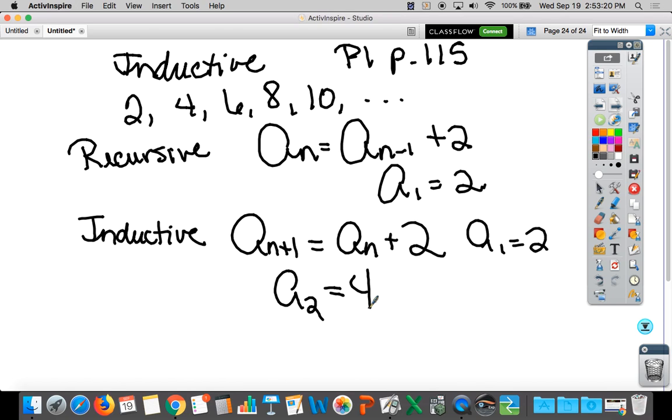So all they're doing is they're just flip-flopping it. Instead of writing it like this, where we take the previous term, they write it where it's like, okay, the next term is the one before plus 2. So here's the short of it. I take this 1, I move it to the other side of the equals by doing what?